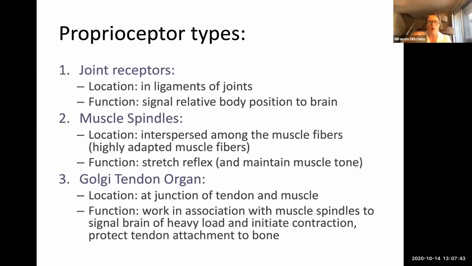So they are what send a signal back to say this is too heavy, which if it happens properly would result in the person changing their action. So that's how a Golgi tendon organ works. They do work in conjunction with the muscle spindles to do this.